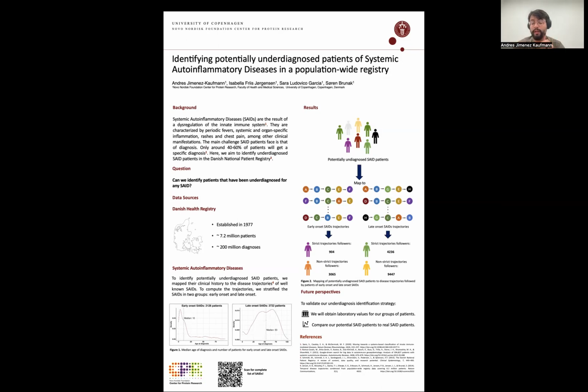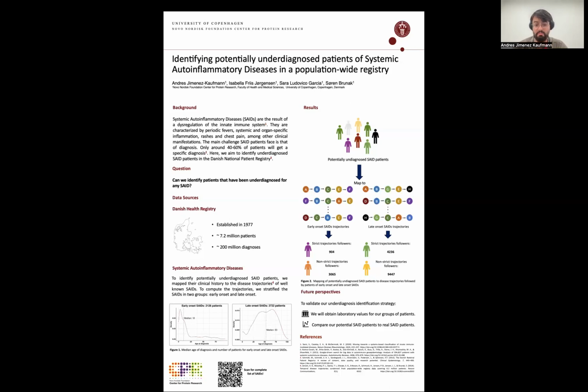But the important thing here is that these symptoms are shared among all of these diseases. So no one disease has a particular symptom. And this is one of the reasons why these diseases are so hard to diagnose. In the end, only around 40 to 60% of patients will get a specific diagnosis.